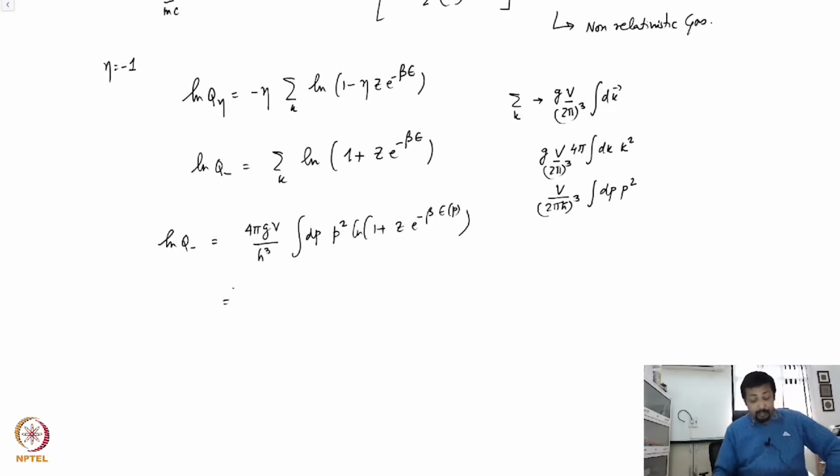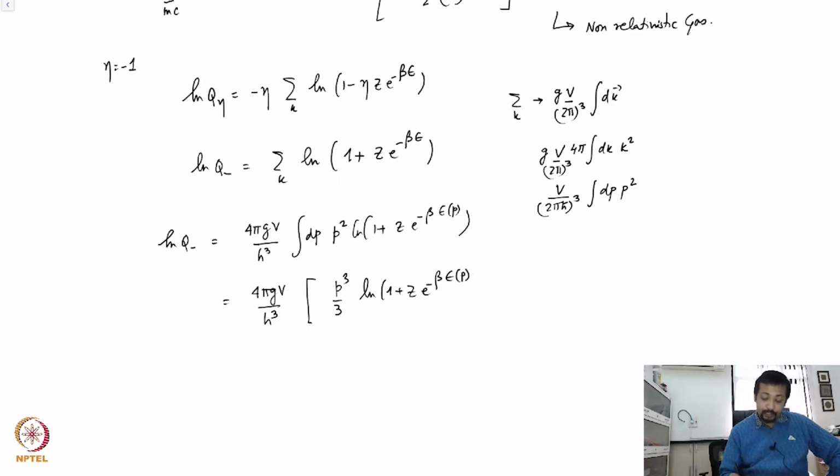I can integrate by parts. That's what we have been doing so far, so that this becomes g_v over h cube, p cube over 3 ln 1 plus z e to the power minus beta epsilon(p), evaluated from 0 to infinity, minus integral dp p cube over 3 times the derivative of the log term with respect to p.